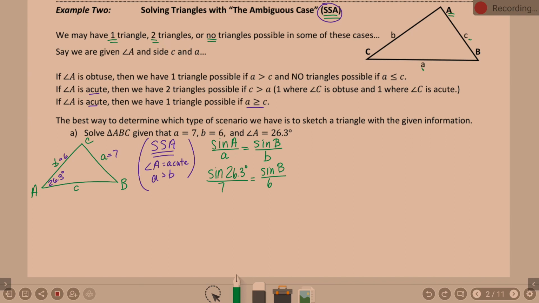So I can say 7 times the sine of B is equal to 6 times the sine of 26.3 degrees. Okay.